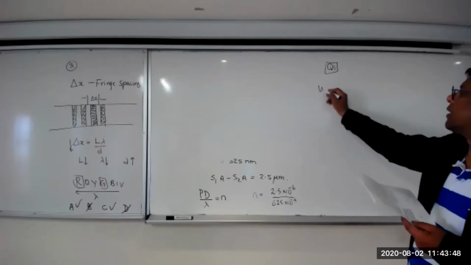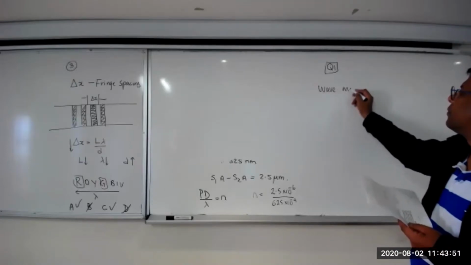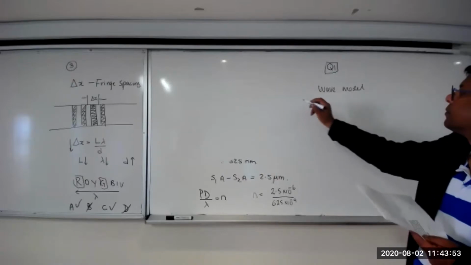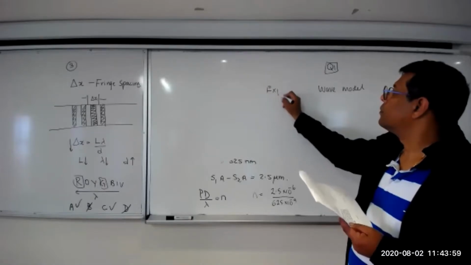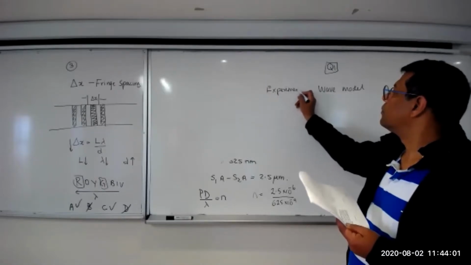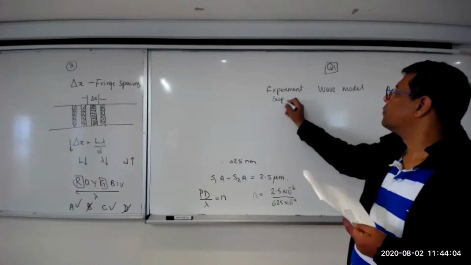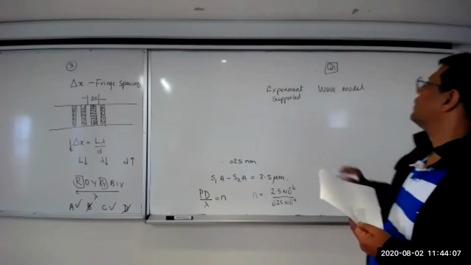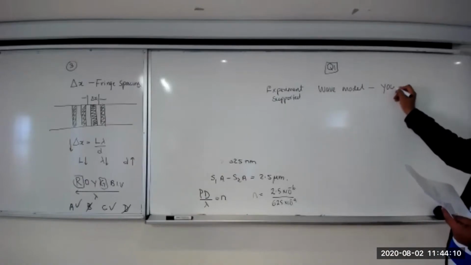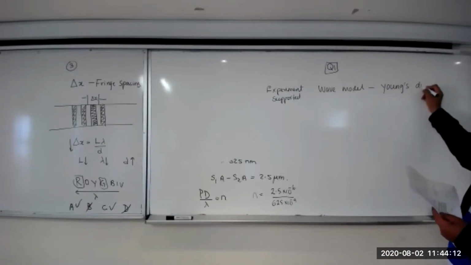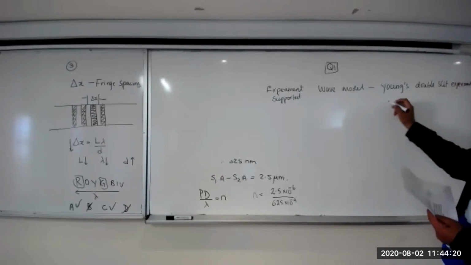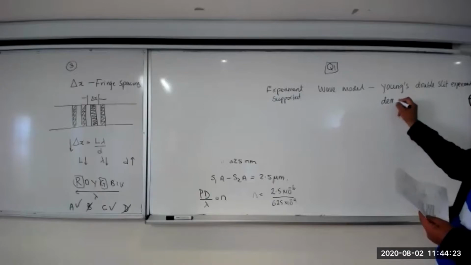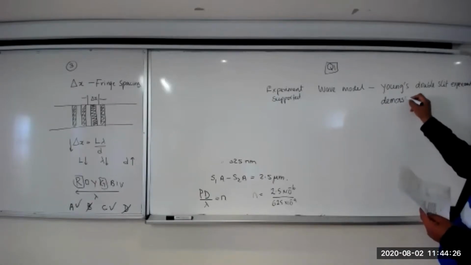The wave model was supported by Young's double slit experiment. It demonstrated interference of light. Don't talk about diffraction.